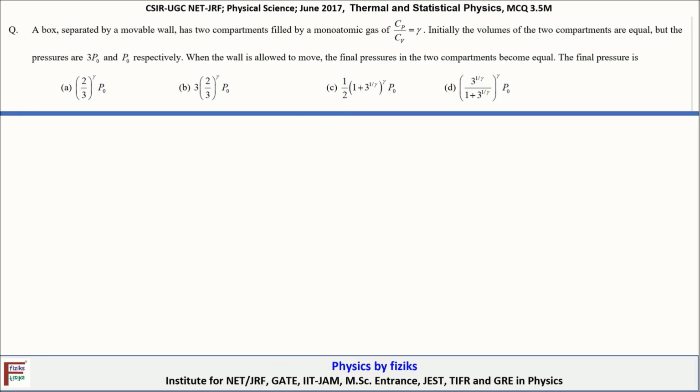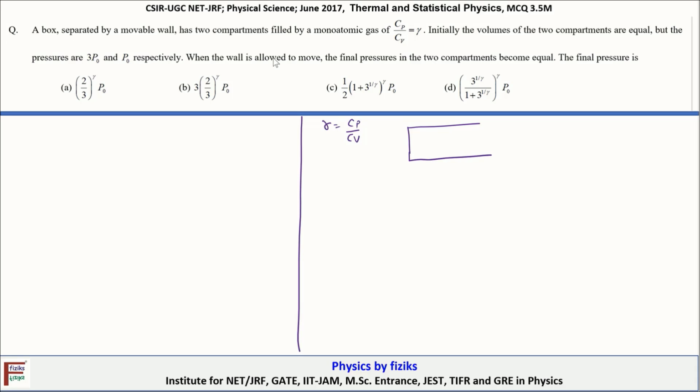So let's continue with the next question. The statement is: a box separated by a movable wall has two compartments which are filled by a monatomic gas with adiabatic index gamma, equal to Cp by Cv. Initially the volumes of the two compartments are equal. Let's try to draw what is given in the statement.